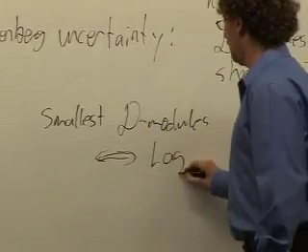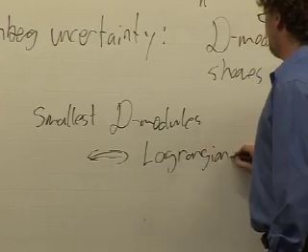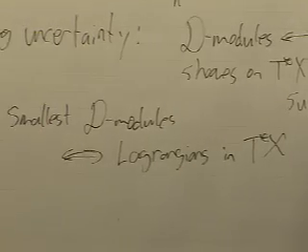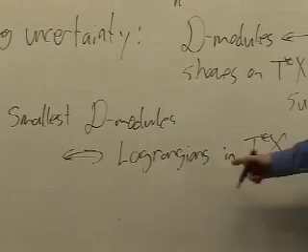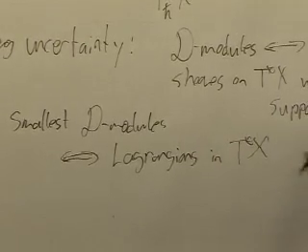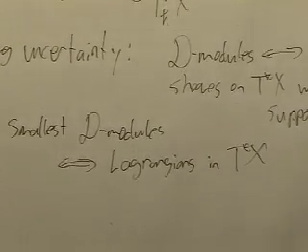They correspond to Lagrangians in T star of X. So the smallest kind of support you can get is a Lagrangian, which means half the dimensions. You can either tell all of the positions exactly, or you can tell all of the momenta exactly, but you can't tell both.